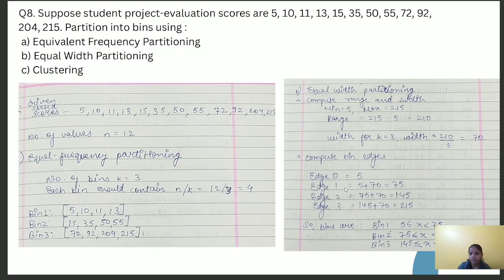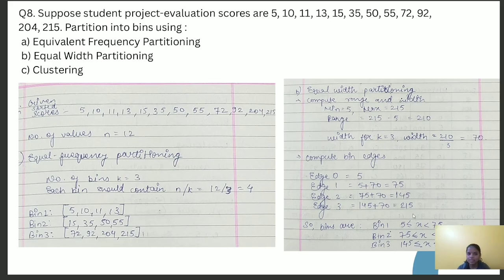For edge 1, we add the width to the initial edge 5, so edge 1 is 75. We add 70 to 75, so our second edge is 145, and the last edge is 145 plus 70, which is 215.